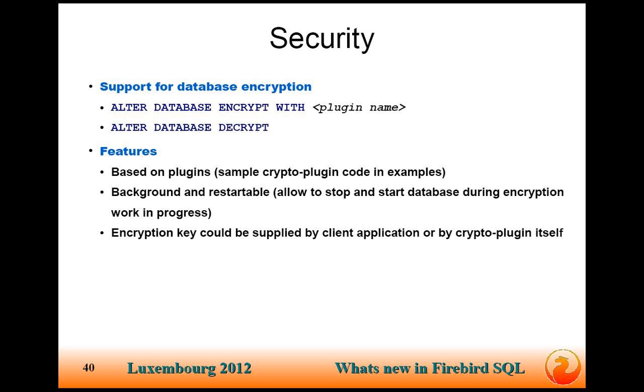But the most important part is the key management. And we decided to not implement our own encryption key management because requirements could be very different in different situations, in different applications. And we implemented some API which allows the user application, or the encryption plugin, to decide where to take this key from.